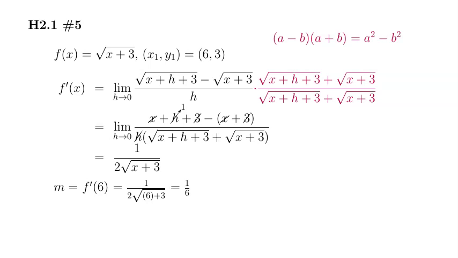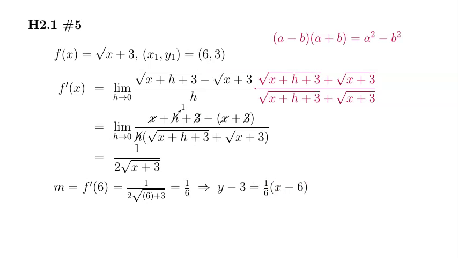All right, so by point-slope form, we're going to get y minus y1, which is 3, is equal to the slope, which is 1/6, we just found that, times x minus x1, which is 6. So we get that. And if you want, you can multiply it out.